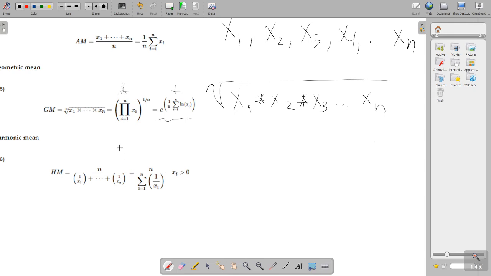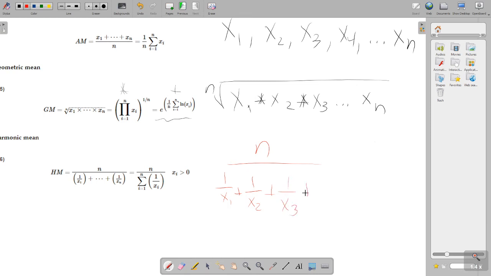It's a little bit less sensitive to outliers than an arithmetic mean. So it's really almost just this, but upside down. So if I had x of 1, x of 2, x of 3, what I do is I just take the amount of numbers, that goes on top instead, and then we just do 1 over the first number plus 1 over the second number plus 1 over the third number.